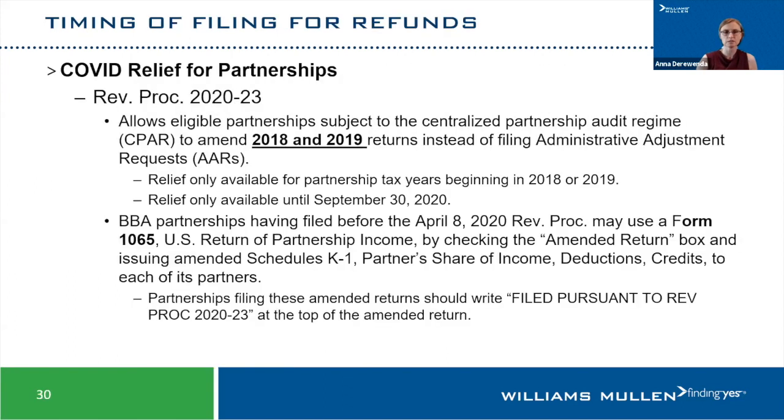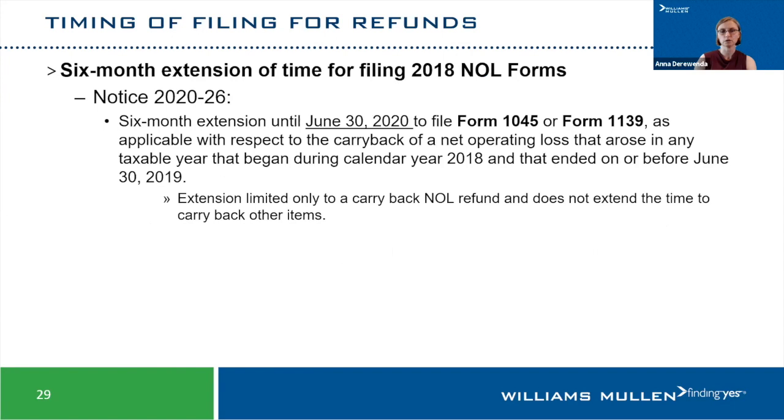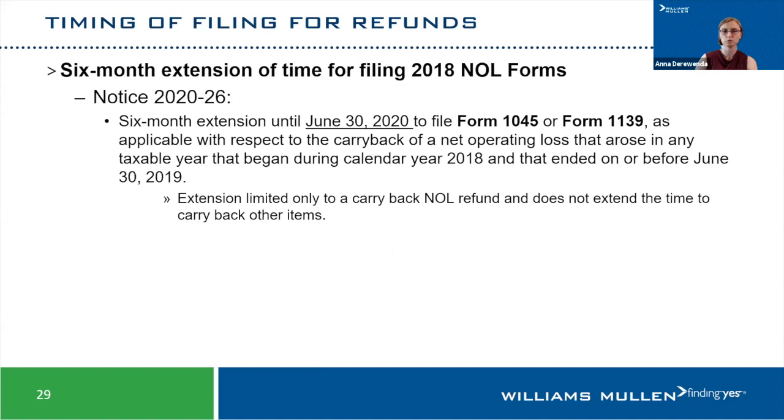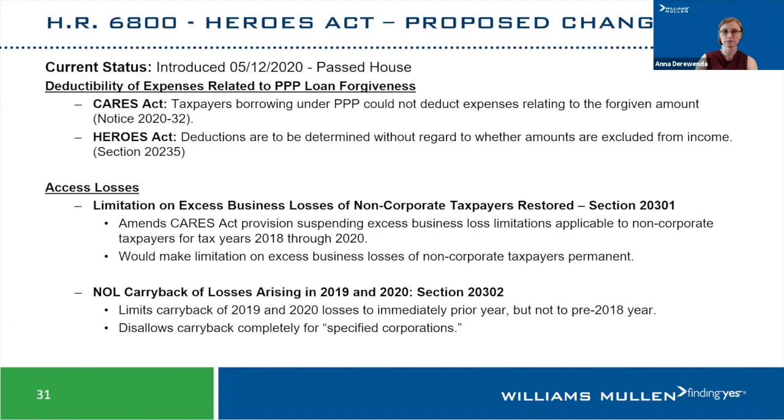And then the rest of the slides go through some IRS guidance that's tried to make it easier for taxpayers to be able to access those claims for partnerships and for folks accessing 2018 claims.